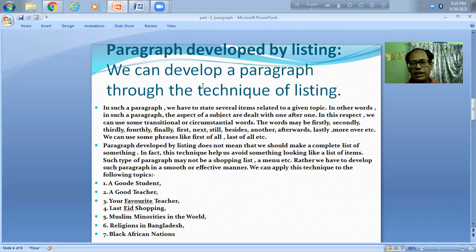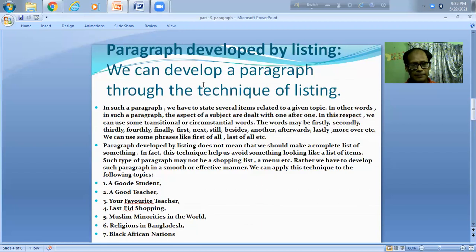The main difference between a list and a listing paragraph is that listing paragraphs are written in sentences, and sentence linkers or connectors develop the idea, develop the circumstances one after another, or give detailed information about the circumstance. That is the gradual development in the listing paragraph.